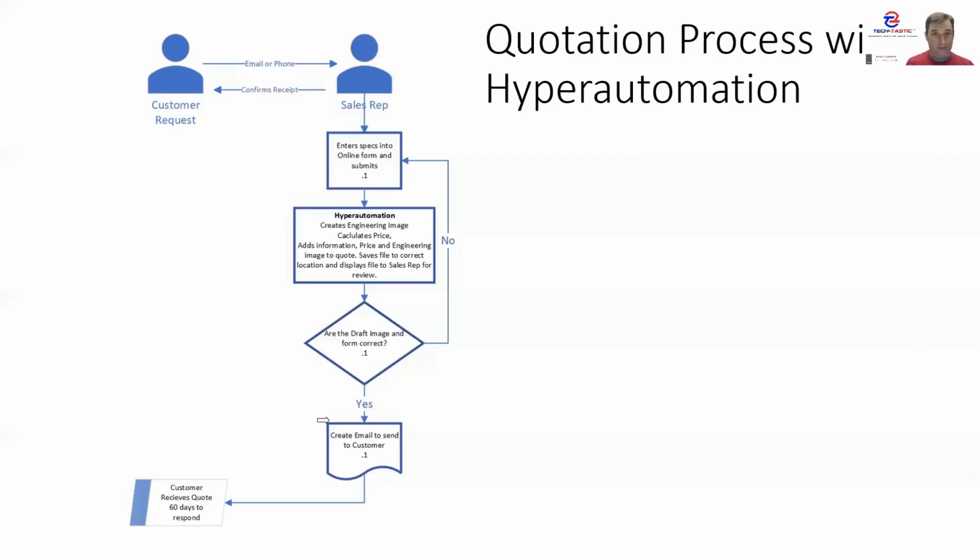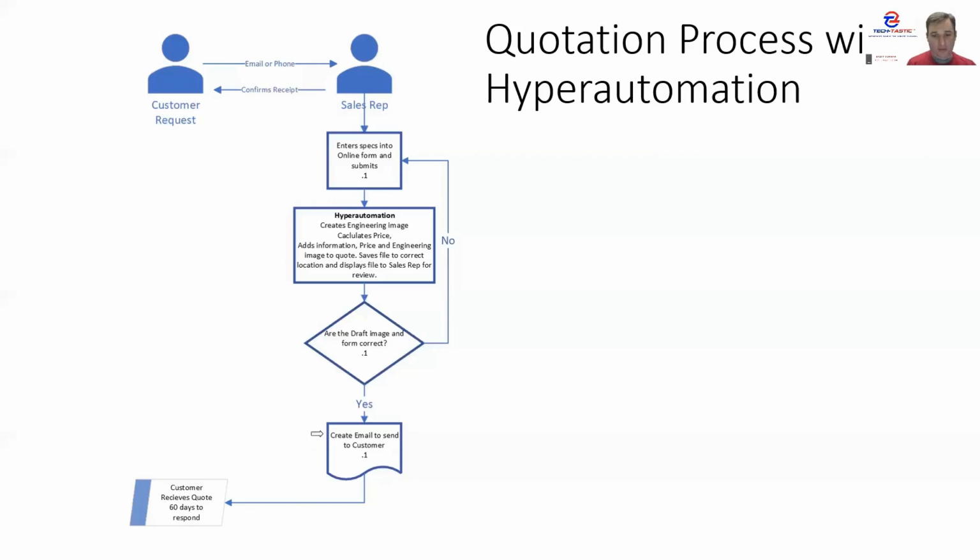They wanted the sales rep to be able to add something a little more, help build that rapport, be human. The sales rep can then go ahead and email and send it right off to the customer. Now, if the draft image is incorrect, he simply goes back and re-enters it into the form. It's not a lot of work for them.